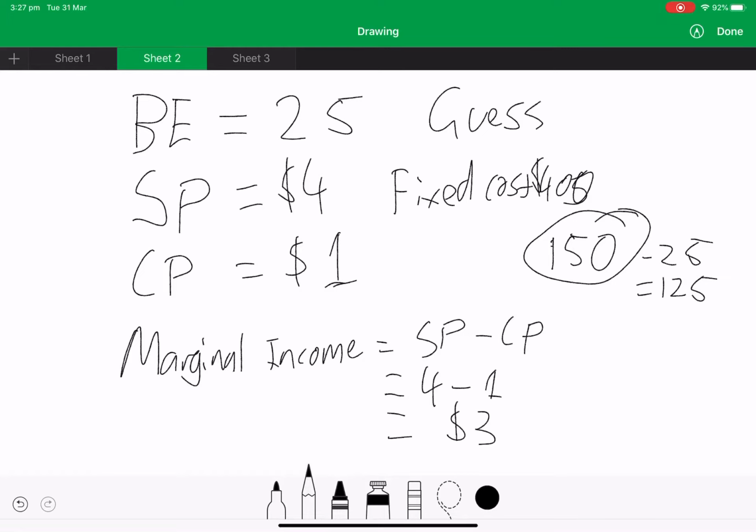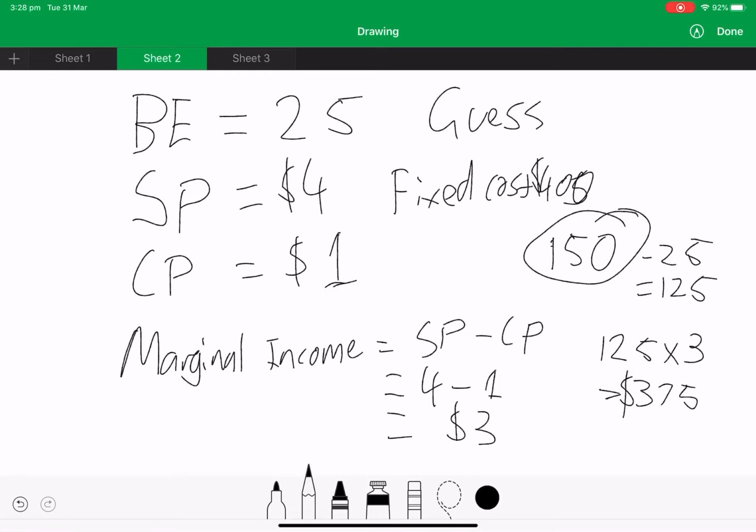And then to figure out the amount of profit we would make, a few of you have probably seen that we're going to make over $100, which is fine. It needs to be between 100 and 500, but we're actually just making a prediction, so it doesn't matter how far you're out. So 125 times by our marginal income, which is 3, we get $375 of profit.